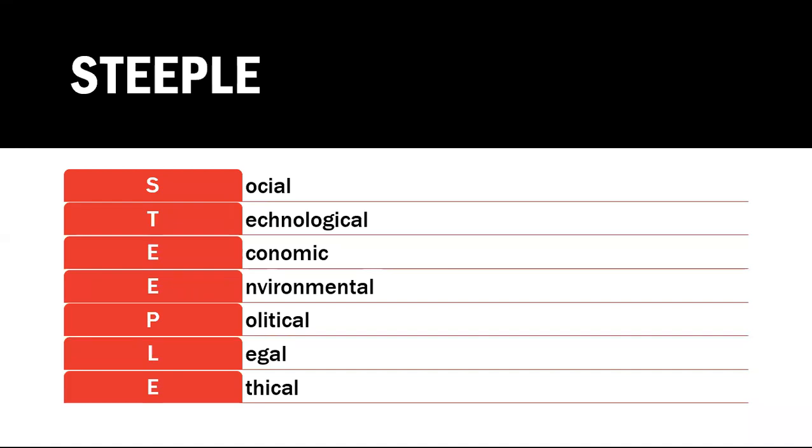In social, we have issues like demographics: age, gender, the structure of the population, the ethnic groups, etc. In technological, we tend to focus on the trend of technology.